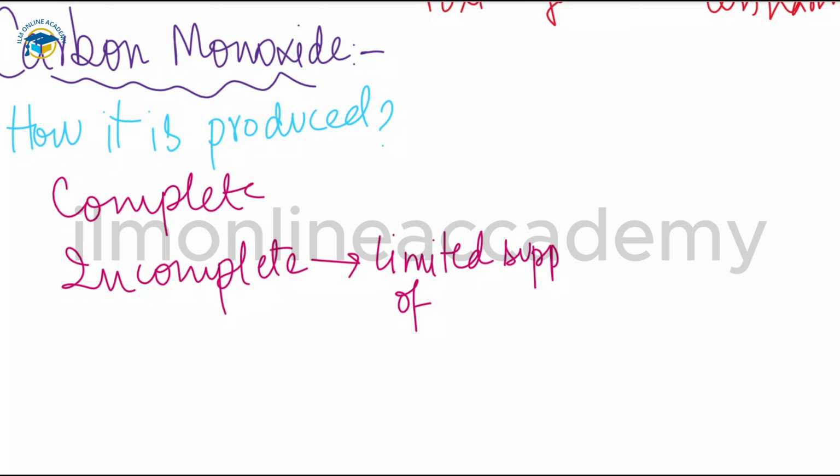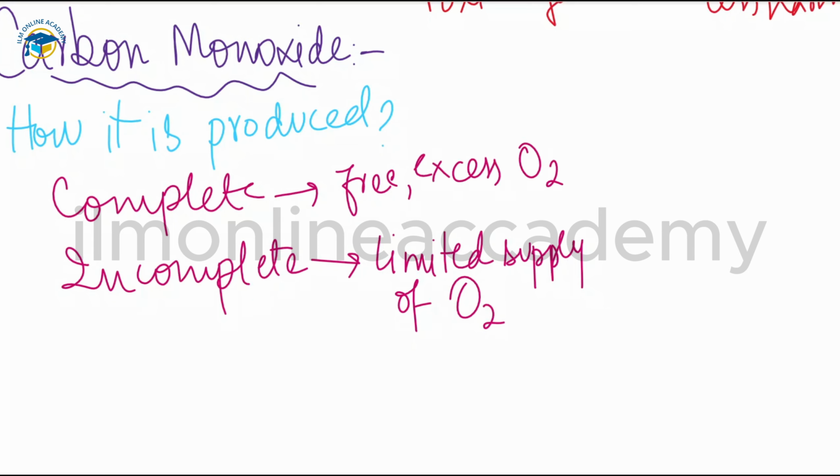Whenever there is not much oxygen present in the car engine, the fuel sometimes undergoes incomplete combustion, and the products released are carbon monoxide plus water vapor, and most of the time carbon soot is also released.